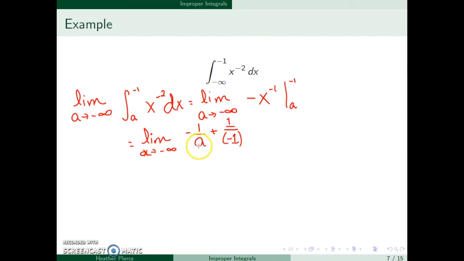So the limit as a goes to negative infinity of 1 over a would be 0. So this is 0 minus 1. So this is just negative 1.